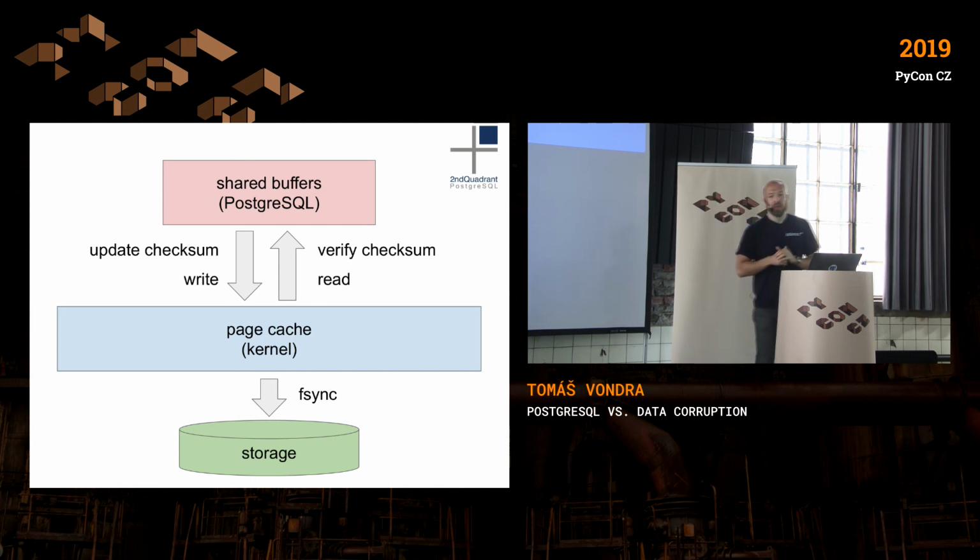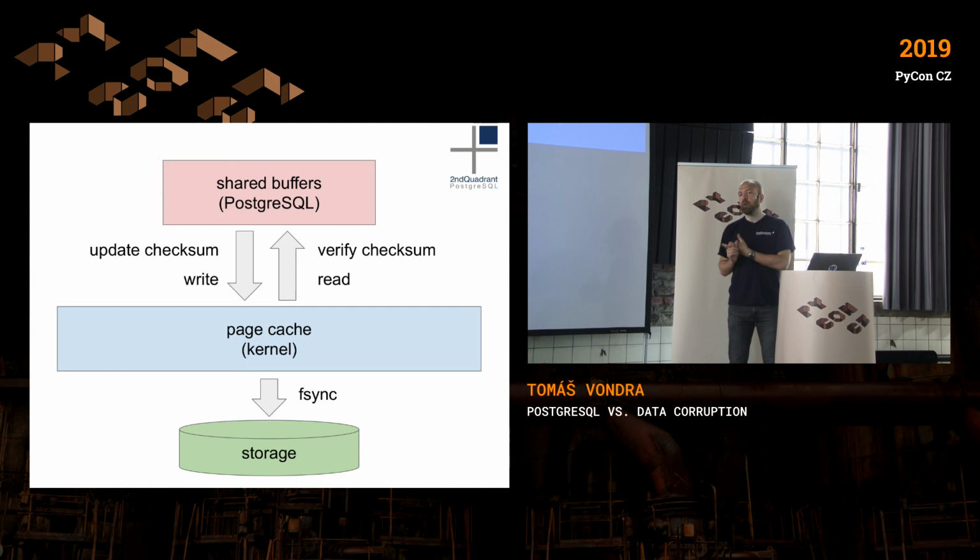It also can't detect cases when we just lose the whole page, because then we have an obsolete page with the correct checksum, and we can't detect that. It's useful. You can enable that, you can check that.